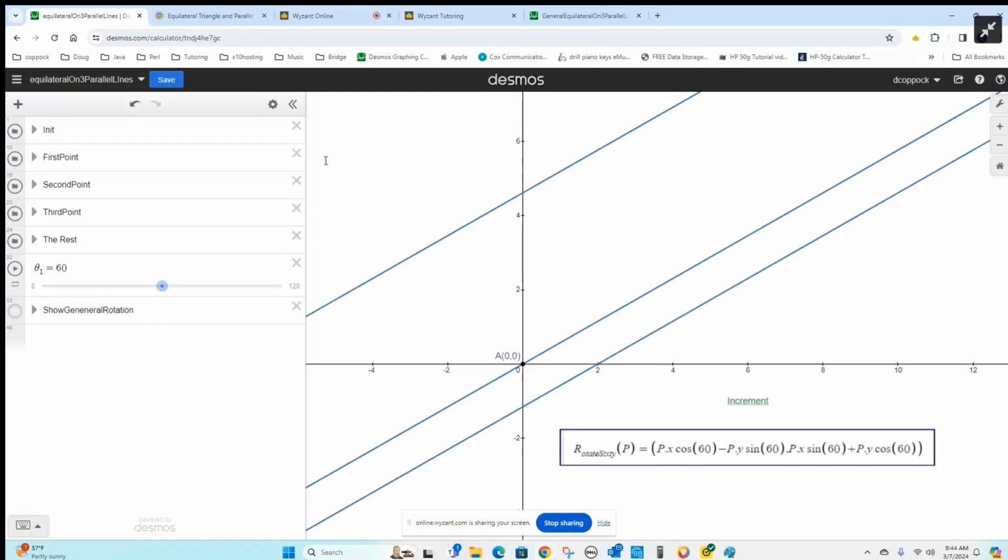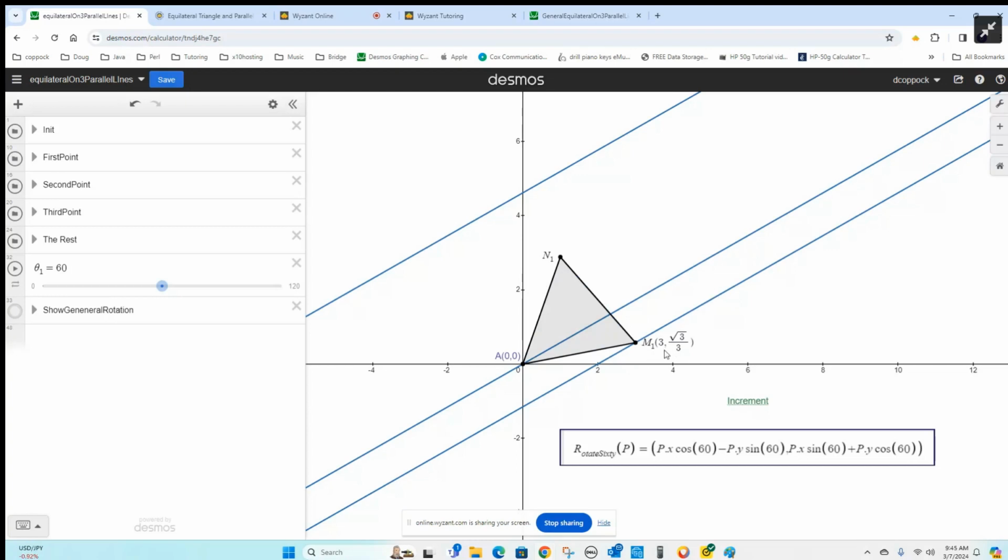Go to here. There's your three parallel lines. We're going to pick a point on the bottom line here and rotate it 60 degrees and see what happens. So here's M1. I just picked an x coordinate of 3. If I plug that into the equation for this line, the y coordinate is radical 3 over 3.